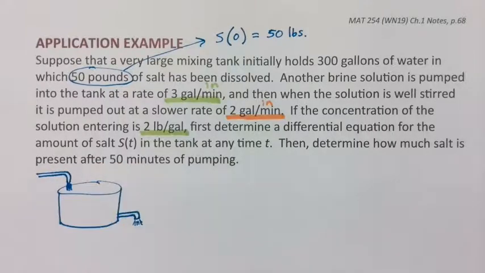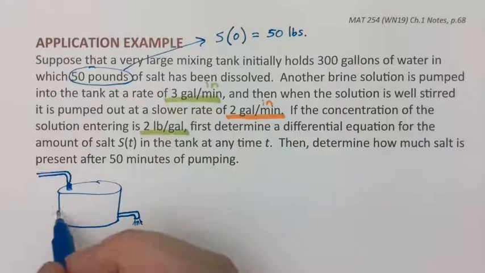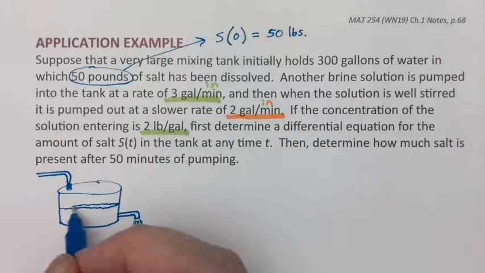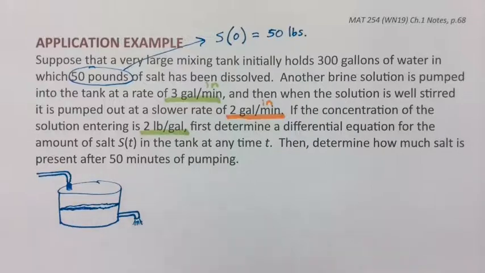It's just water dripping down into it. And we know that it's starting off with some particular level of water, about 300 gallons of water. And the initial concentration would be 50 pounds divided by 300 gallons. So we have an idea of how much is in there to begin with.